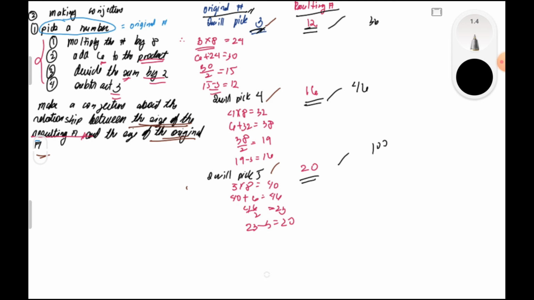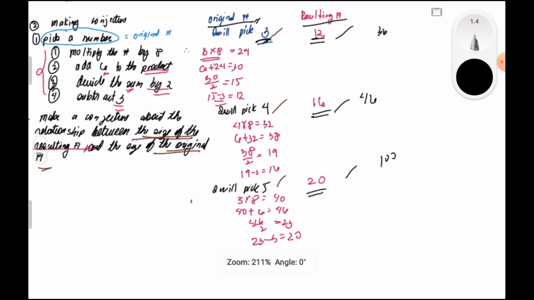But particularly, yung pinakamagandang relationship nila is that if you would multiply the original number times 4, okay, you will have the resulting number.